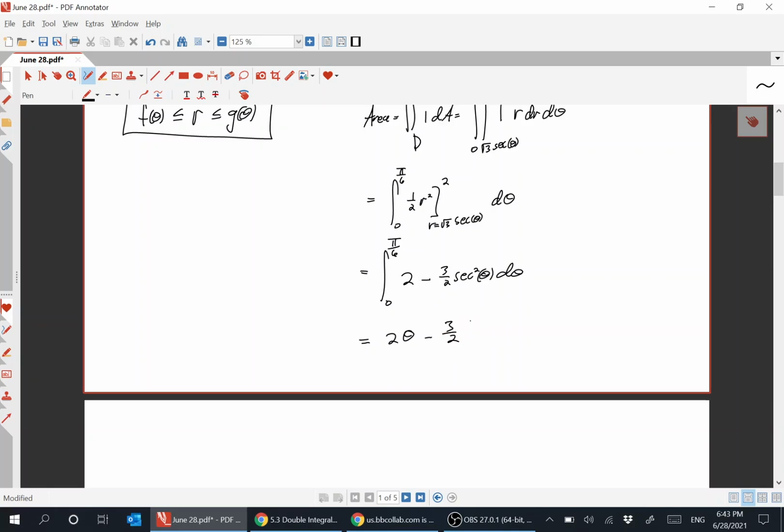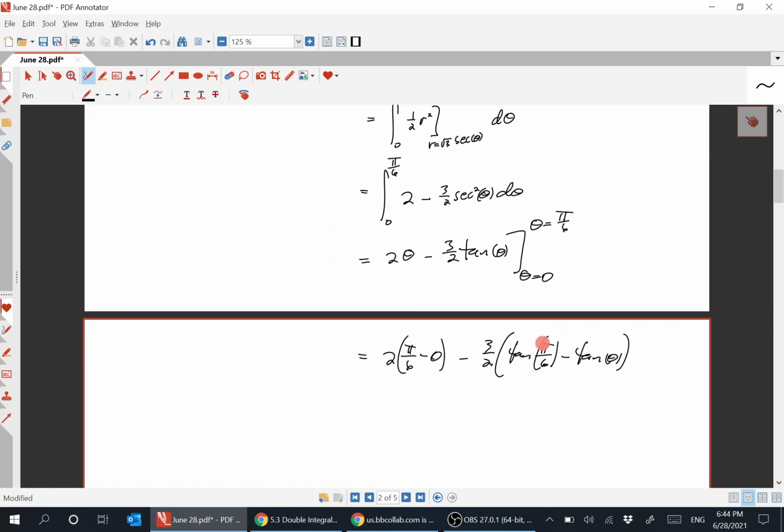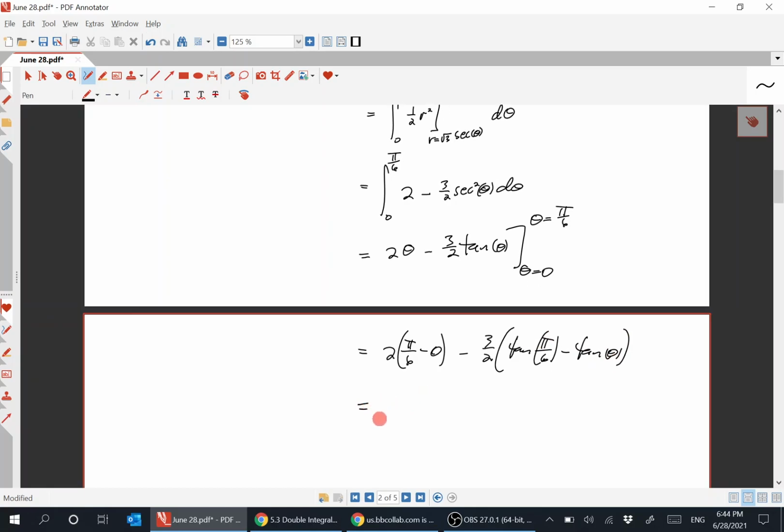It's tangent, from theta equals 0 to pi over 6. So this is equal to 2 times pi over 6 minus 0, minus 3 halves times tangent of pi over 6 minus tangent of 0, evaluating each term one at a time.